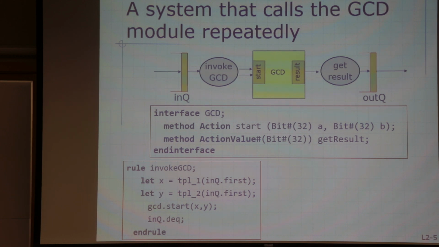You have to do one more thing, right, in order to start it. Then you say, I'm done with this. After that, input Q will be dequeued. This input will be taken away. Now, do you understand the value of atomicity just by looking at this rule? It will be a disaster if you started it and didn't dequeue, or vice versa.